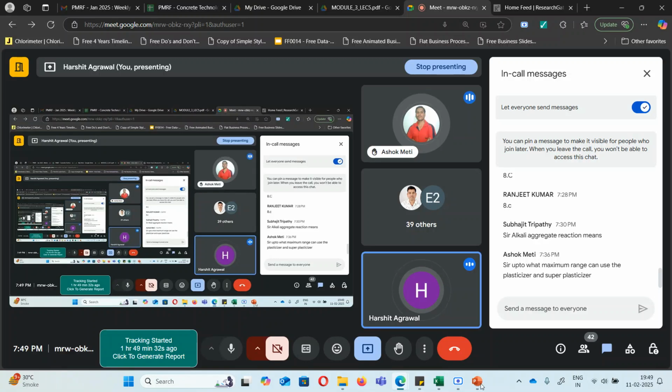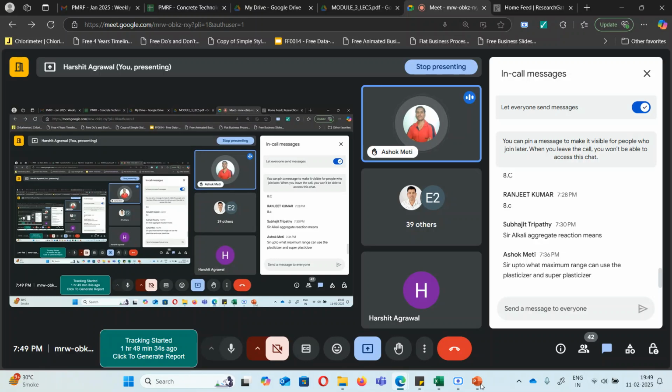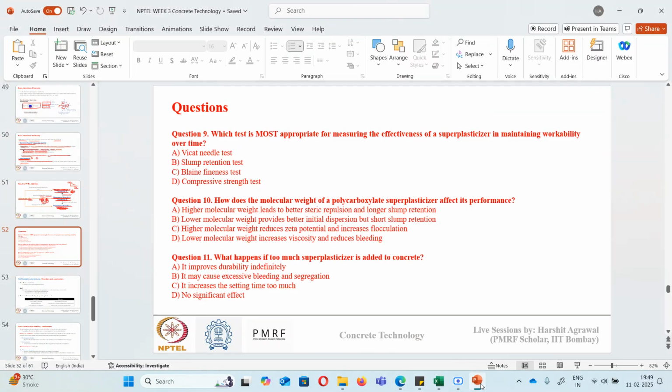If the recording is uploaded but the PPT is not there, then you need to contact them whether they will share the PPT or just the recording. The first week's live session PPT is also not available. They will share it. They might take some time, but they will share. Okay, sir. Yes, thank you.